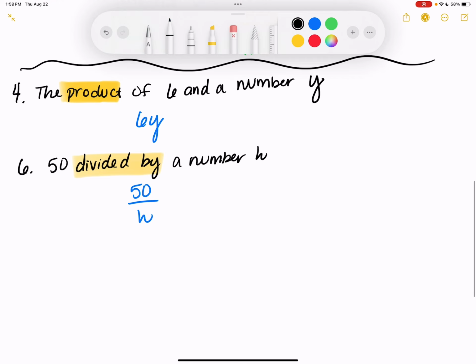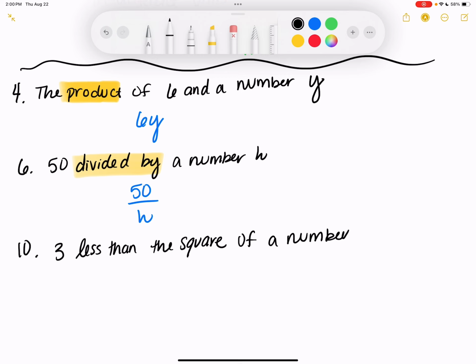Let's see, 8. 3 less than the square of, oh wait, I lied. That's not number 8. We're just going to jump and do number 10. That's number 10, and we'll come back to 8. 3 less than the square of a number p. So this one is one that we did not talk about. It wasn't in the little table that we did, but this says less than.